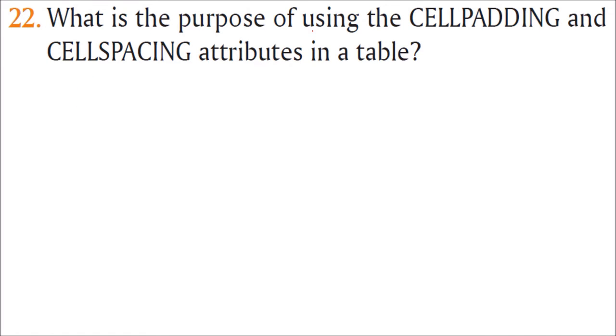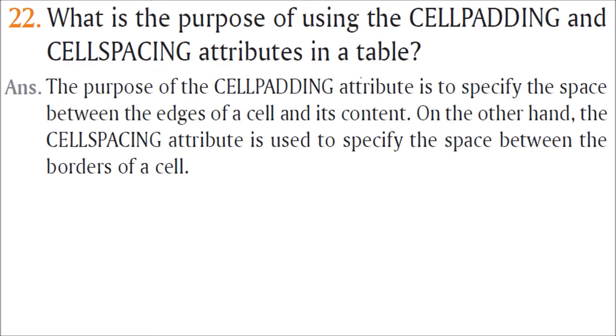What is the purpose of using the cell padding and cell spacing attributes in a table? See, whenever you make a table, say this one, you want to keep data and you want to keep some spacing from the border. And when you have these cells, you want spacing between them also.